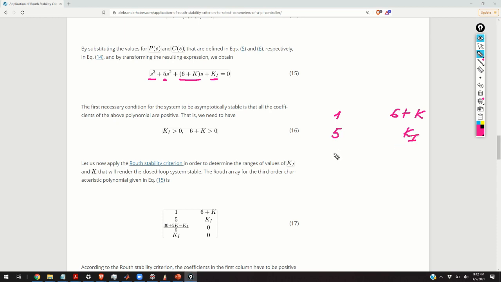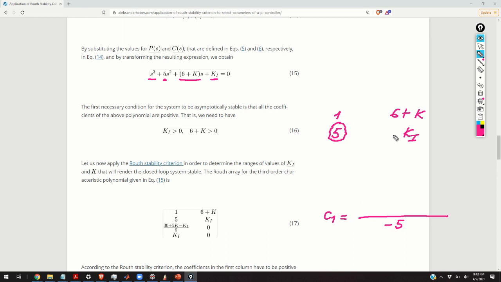Okay, so how to compute the third row? Well, the first element in the third row is computed as follows. We're going to call this element C1. So the C1 element is computed as minus the element over here, and we put it in the denominator, and we simply compute the determinant.